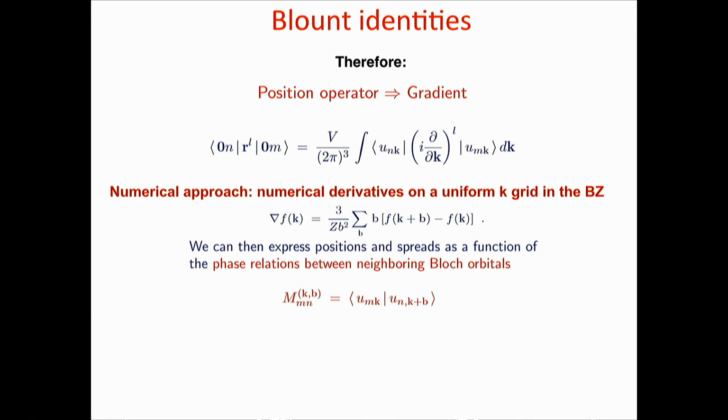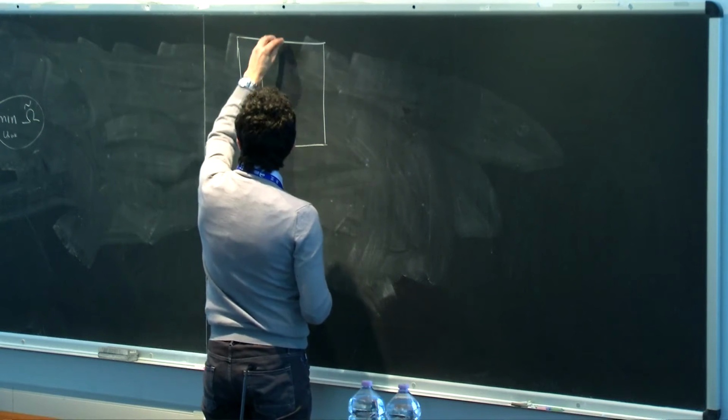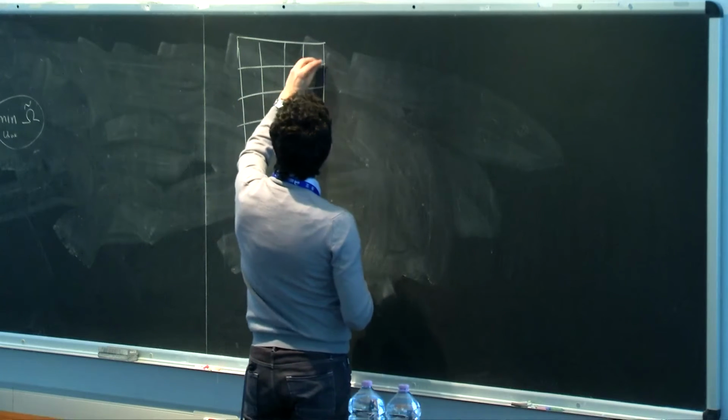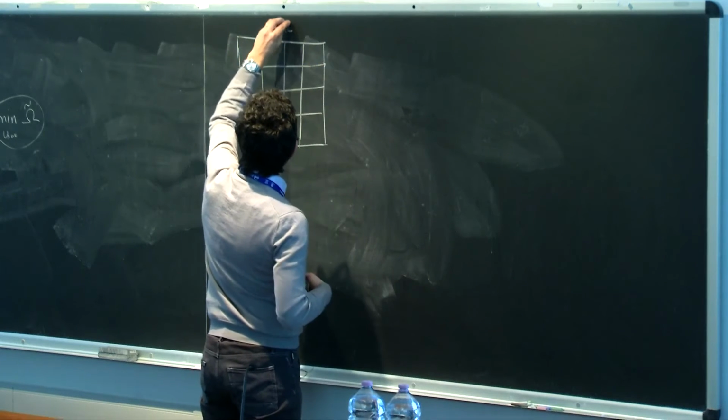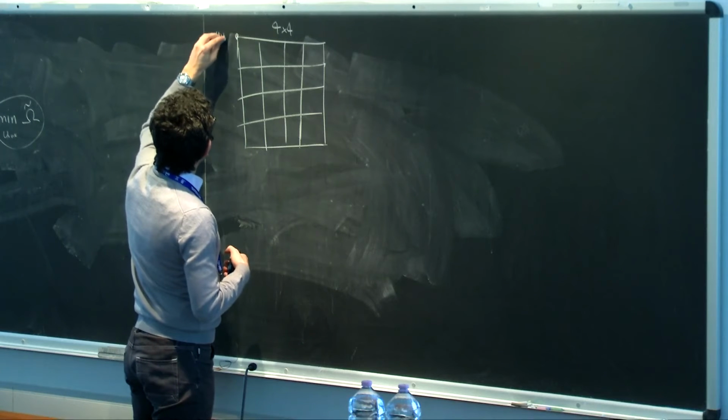So what you will do, you will ask your Quantum ESPRESSO or VASP or whatever code you use to compute your u_nk on a grid. Okay? Let's say this is, for instance, 4 by 4. In each of these, you get u_nk.